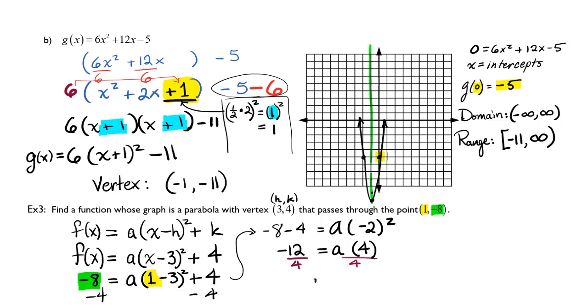Dividing both sides by 4, A is equal to -3. So if I want to write the function that makes all these statements correct, I can just say f of x equals -3 times the quantity x minus 3 quantity squared plus 4.